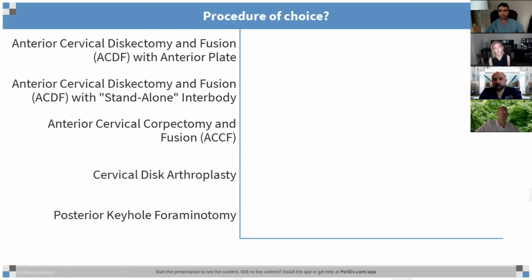If you look at the data, there's an update to that trends in usage paper that I cited before. It just came out about a year ago. If you look at who the predominant users of arthroplasties are now, it's very interesting. The vast majority are private spine surgeons in the South, meaning Texas, Oklahoma, that region.